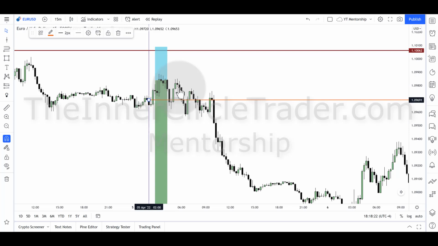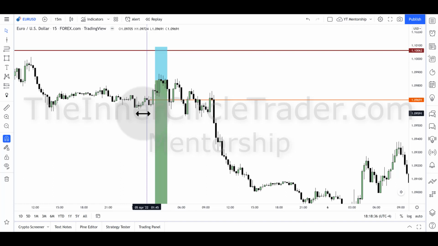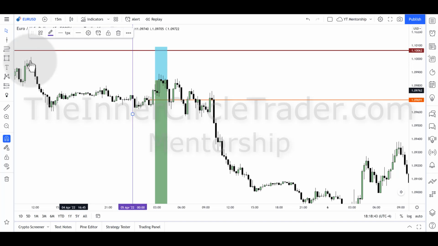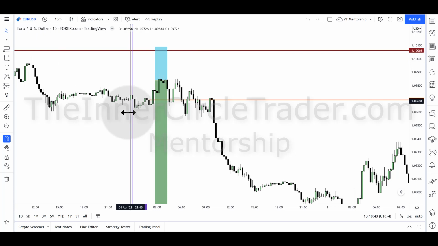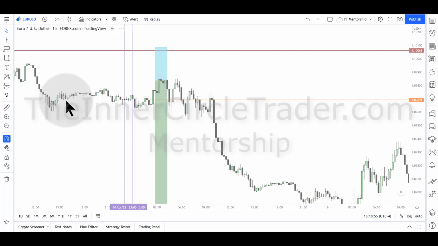You want to be a seller above that opening price, but you have to be a short seller on a stop one pip below the Asian range.